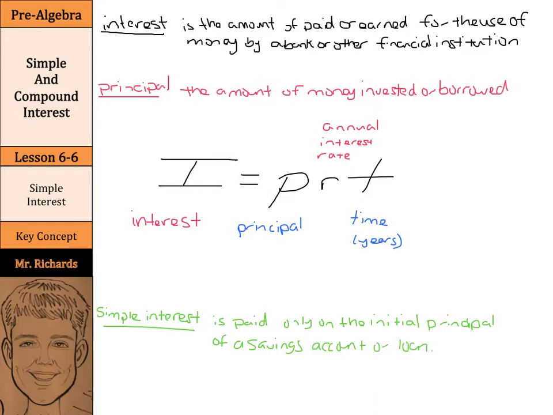For example, if you put $100 into a bank and you earn interest on it, the only interest you're going to earn is on that $100. It's not going to say earn you $5 interest over a year and then the next year calculate money based on that $105. It's only considering the $100.